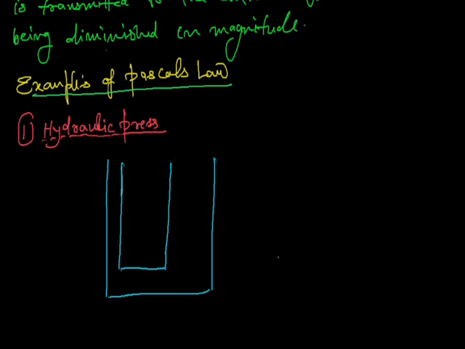This is the diagram of a hydraulic press. Here is a piston of cross section A1, and at the same level another piston of cross section A2. Here we want to lift a car very high.